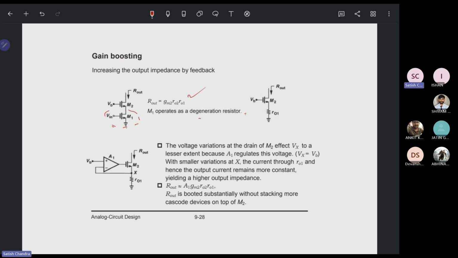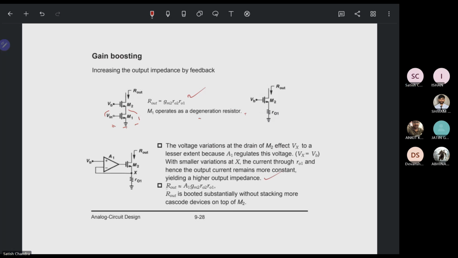The voltage variation at the drain of M2 affects Vx to a lesser extent because the amplifier regulates this voltage, that is, Vx is equal to Vb with a small variation at x. The current through the R01, and hence the output current, remains more constant, yielding a higher output impedance.